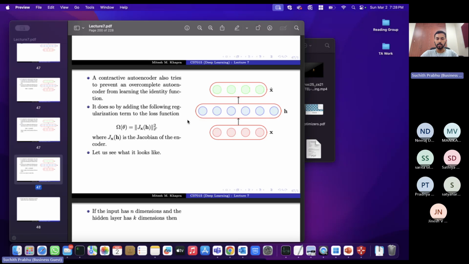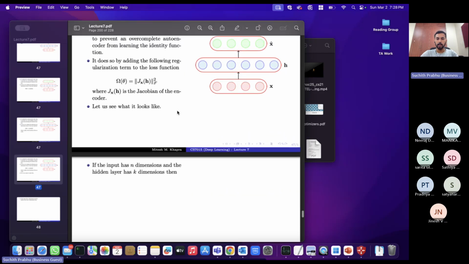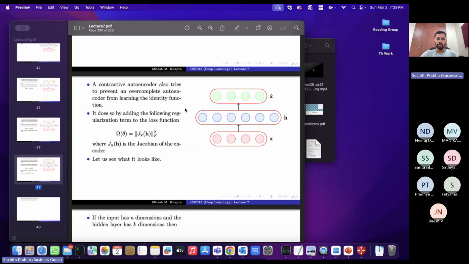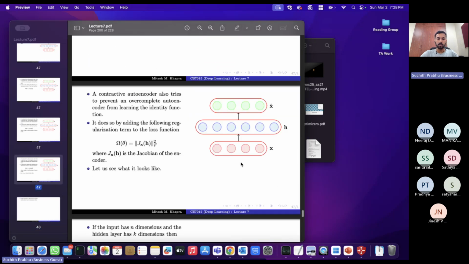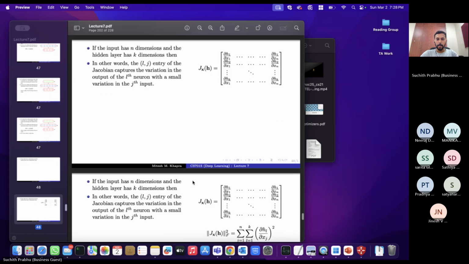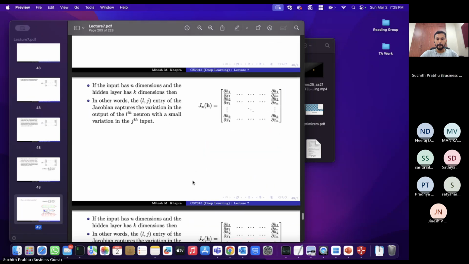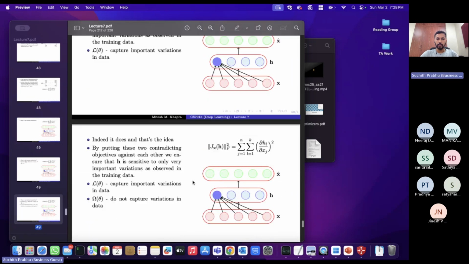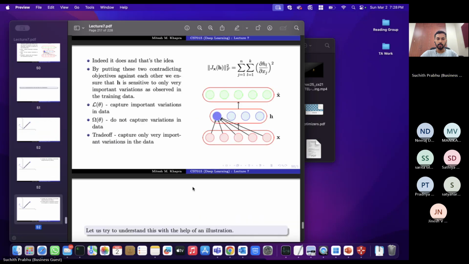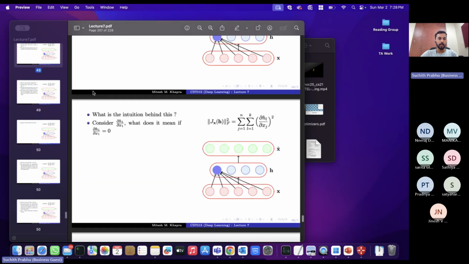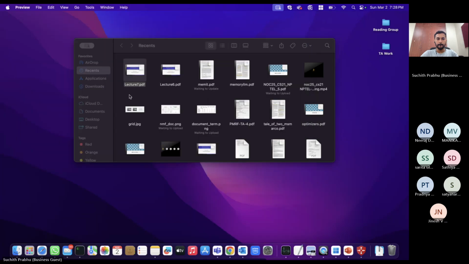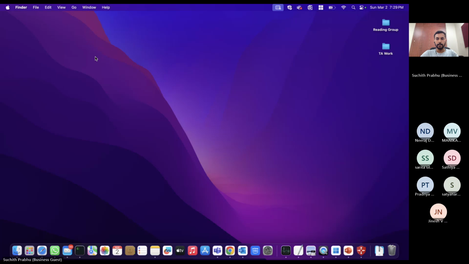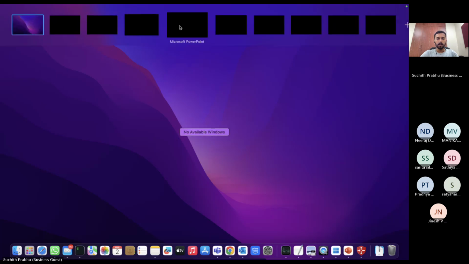These two opposing terms somehow regularize the model, reduce its search space, and induce biases on how the weights should be. So the last equation was from the contractive autoencoder.